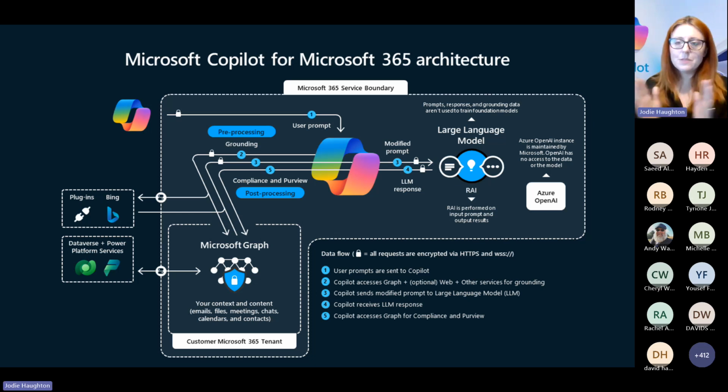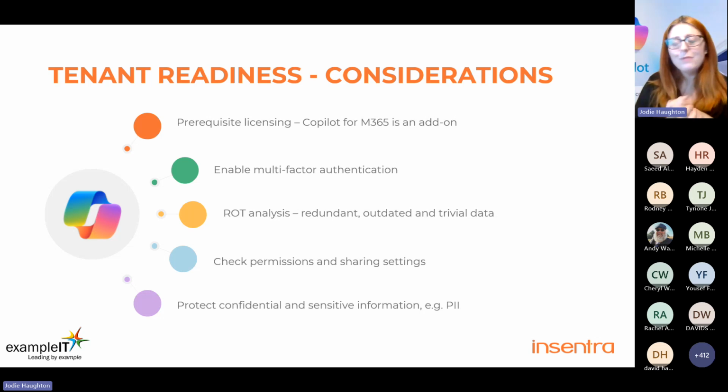But it's really important to note that all of this security posture that Microsoft has put in place is only one part of the puzzle, because there are massive, massive things that we need to do to get your tenant ready for Copilot in the first instance. So at its most basic, we need to remember that Copilot is an add-on for your licensing.